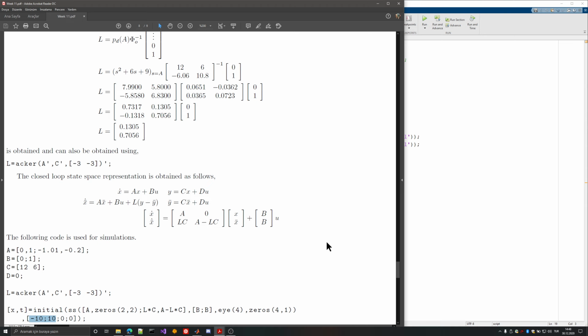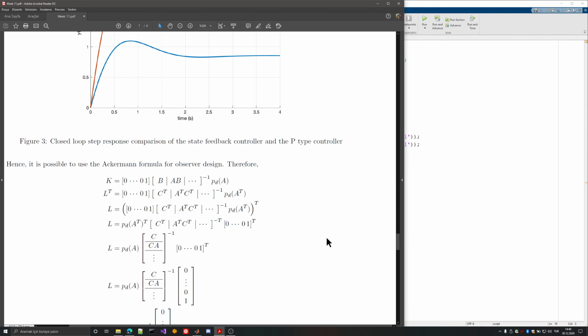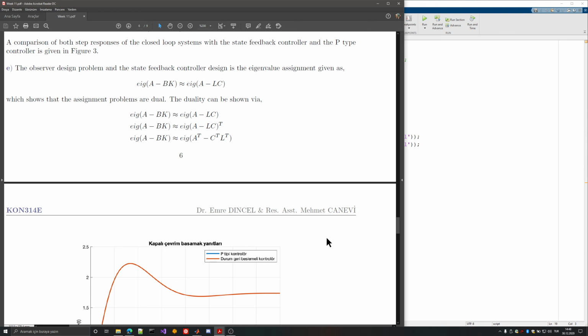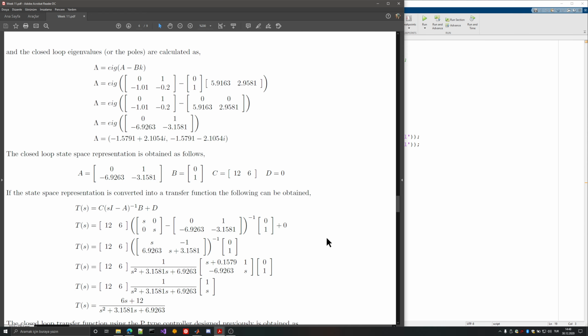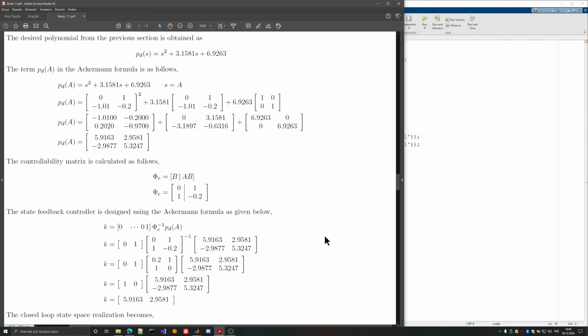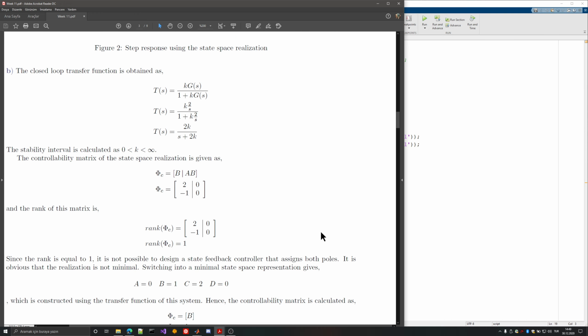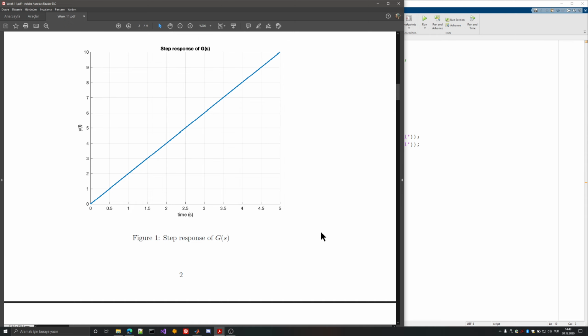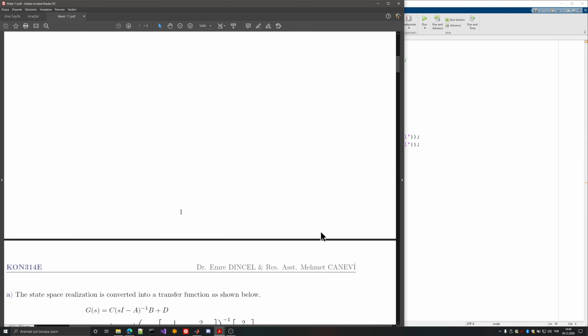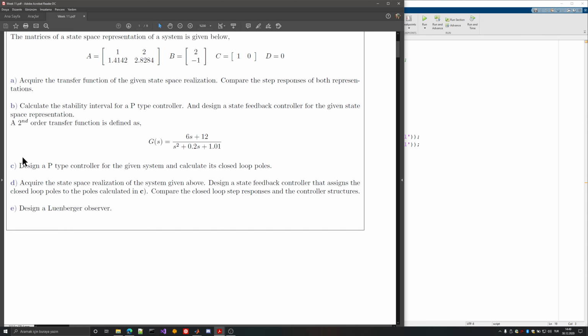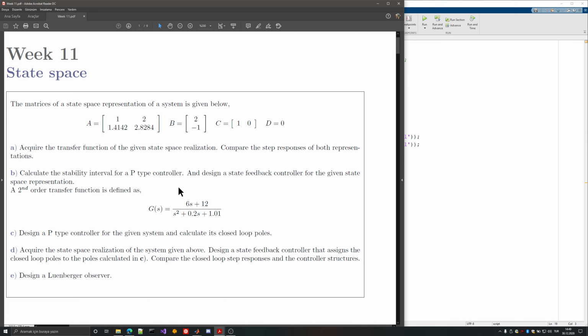Now, if you know the Ackermann formula, if you know the basics of state space models, then it is not that big of a problem to design these, because again, as in the frequency domain approaches, here we also have strict rules, namely the Ackermann formula, observability, controllability, and that's it. At least for our lessons' curriculum, that's it. Because these are the basics, this is only an introductory level to state space, because state space isn't this restricted in topics.